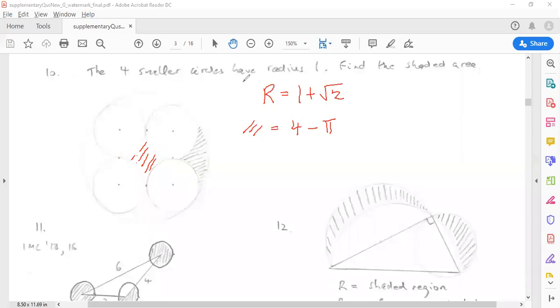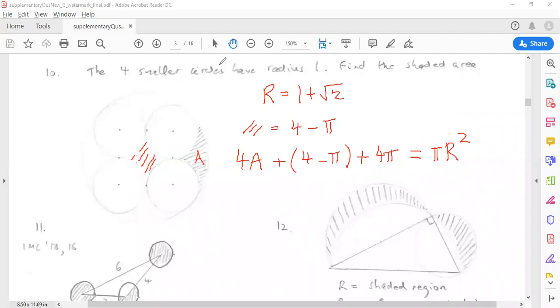If I call the shaded area they're looking for A, then what I can say is that 4 of those A's plus the area I shaded, which is 4 minus pi, plus the 4 small circles, which have radius 1, of course, and so their area, each of them has area pi, so their total area is 4 pi, and that'll equal the area of the big circle, which is pi big R squared.